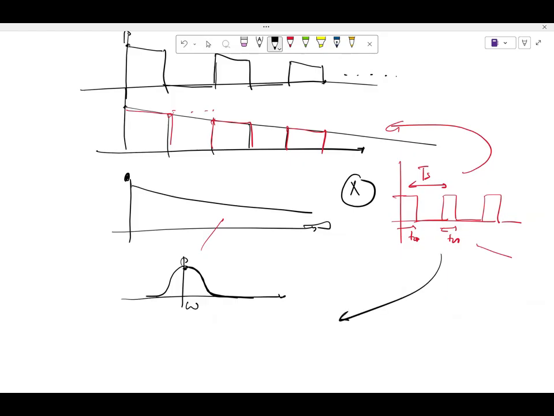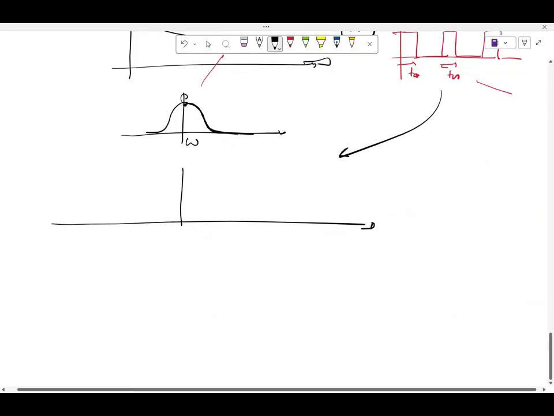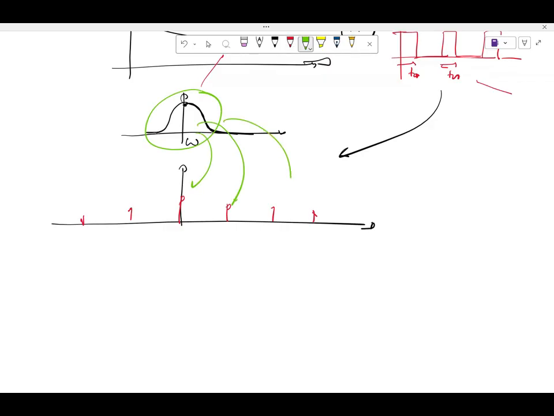And this will have a Fourier series. The frequency domain interpretation is you have tones here, tones here, tones everywhere. So this guy gets convolved, one copy comes here, one copy comes here, and so on. Right? And hence you get those things.